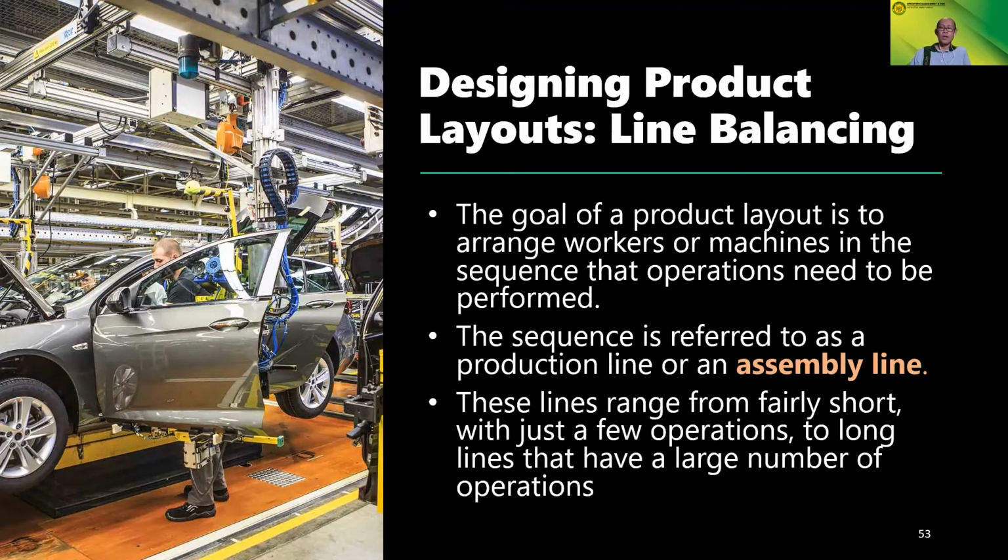So the goal of product layout is to arrange workers or machines in the sequence that operations need to be performed. The sequence is referred to as a production line or an assembly line. These lines range from fairly short, with just a few operations, to long lines that have large numbers of operations.